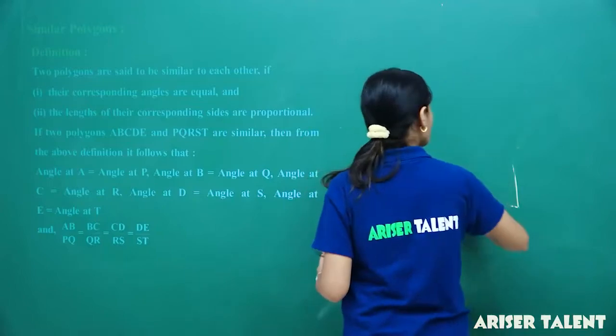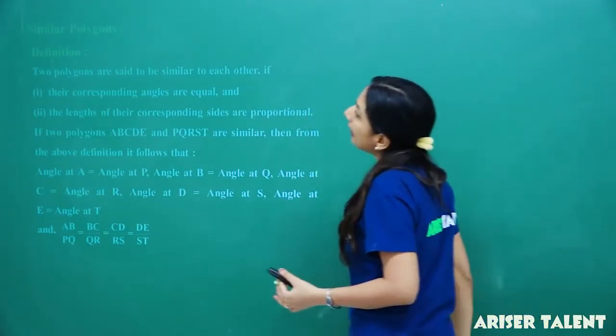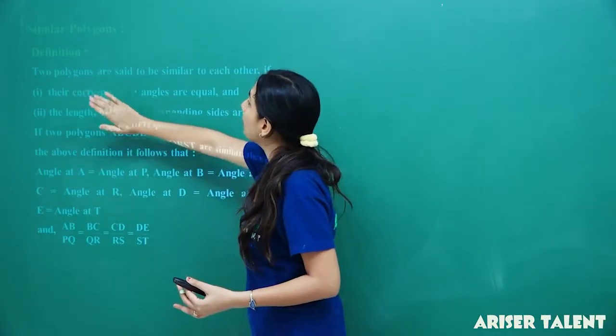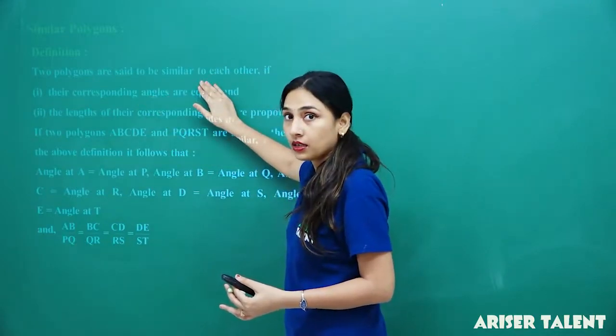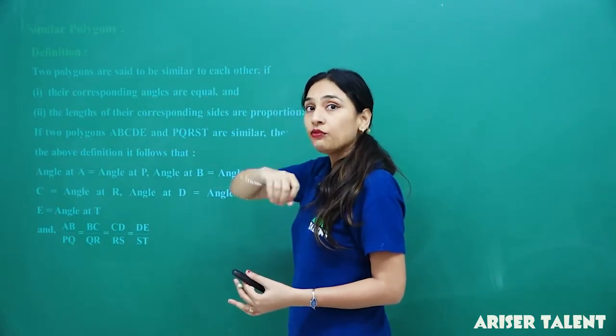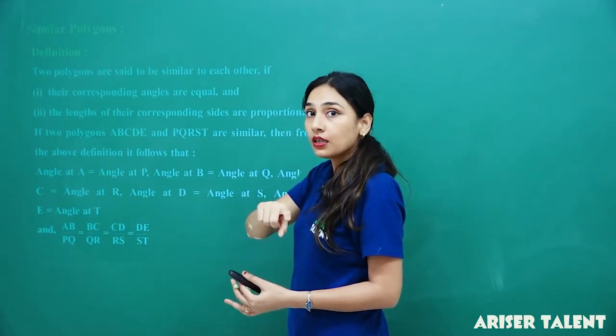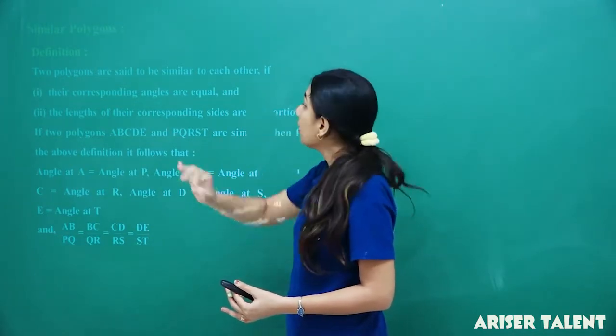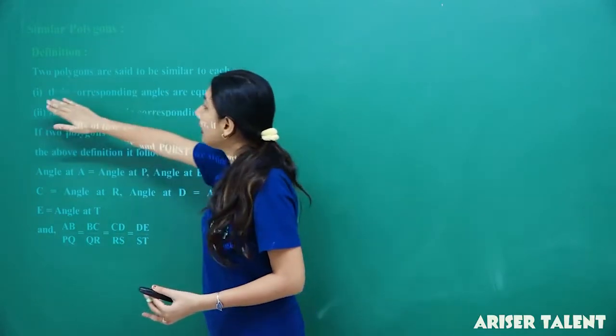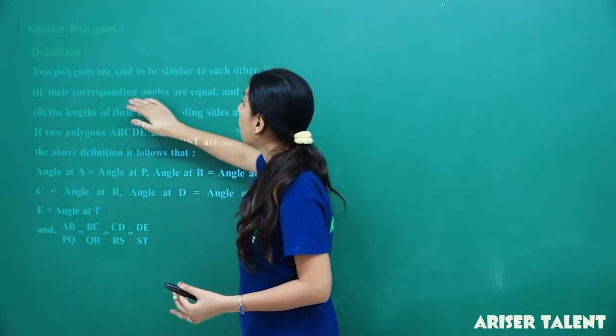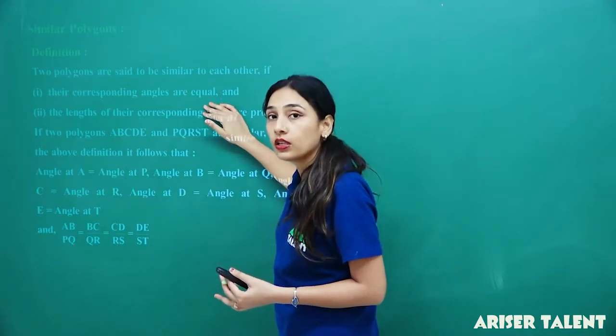So, it's saying that two polygons are said to be similar to each other if their corresponding angles are equal.